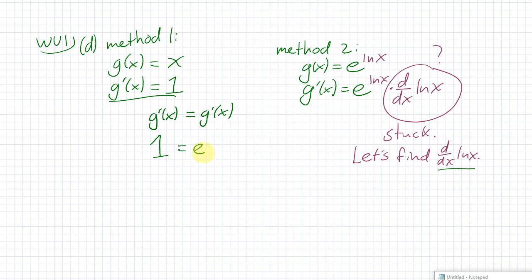So we can say that, and the goal, remember, is to find the formula for this, and this actually gives us an equation: whichever way you write g prime of x, it has to be the same function for all values of x, so we can use that to get an equation for this thing that we want.